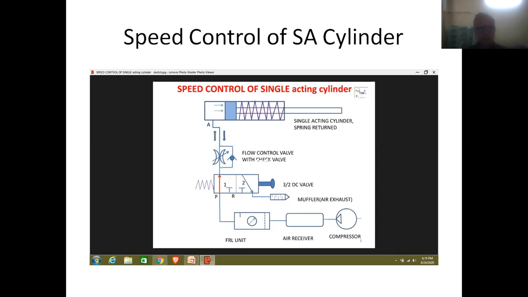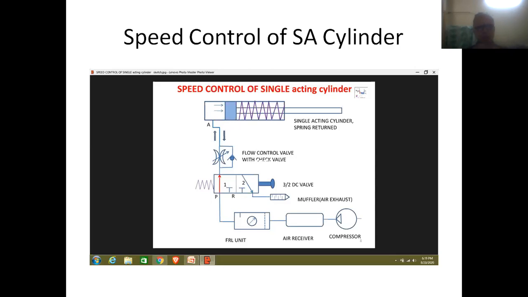And friends, finally, we can see the arrangement of branch pipelines inside the flow regulator. So first pipeline used for connecting the throttle valve with the single acting cylinder and the DC valve, and second pipeline for connecting the check valve with the single acting cylinder and the DC valve.